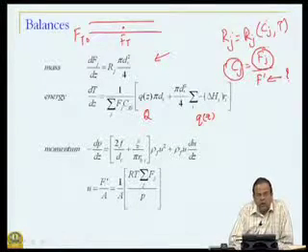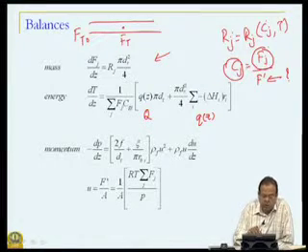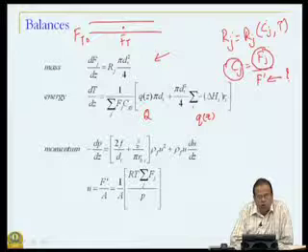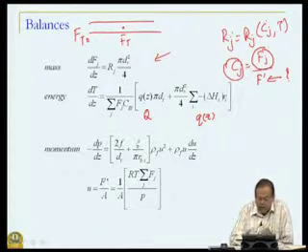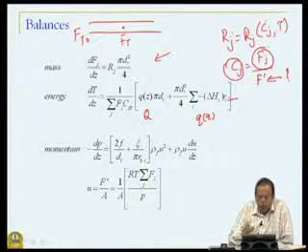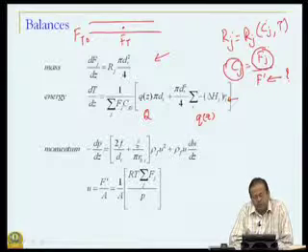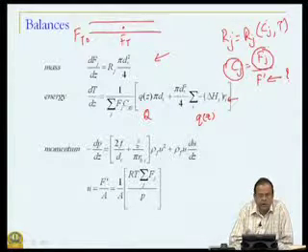Since it is changing along the length of the reactor, we represent it as Q of Z. And of course, the second term here in the energy balance represents the contribution due to all the reactions.